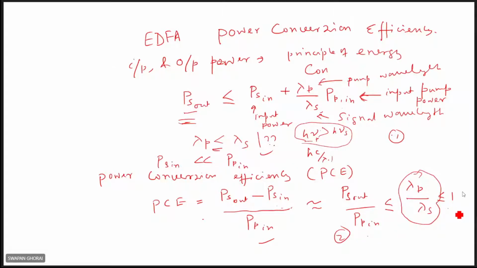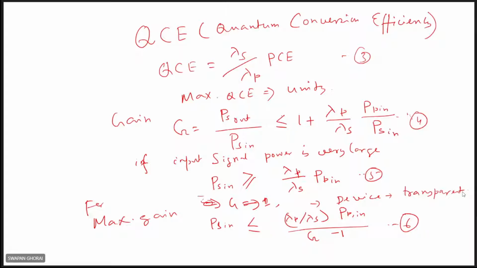That is the conversion efficiency; generally the maximum can be 1, and it is always less than 1. Sometimes quantum conversion efficiency is used, which is related to the power conversion efficiency. The definition is lambda s by lambda p times PCE, and here also the maximum conversion efficiency can be 1.